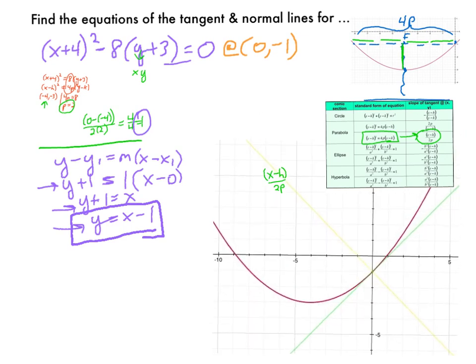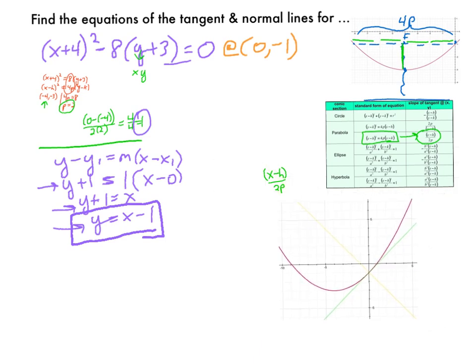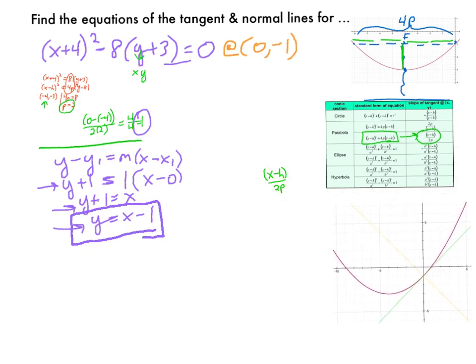So if you look over here, if this slope is 1, and that's perpendicular, what do you remember from geometry? Perpendicular lines have negative reciprocal slopes. So the negative reciprocal of, well, this right here was 1, right? So if that's a 1 over 1, the negative reciprocal would be negative 1 over 1, which is just negative 1. So the normal line is going to have a slope of negative 1.